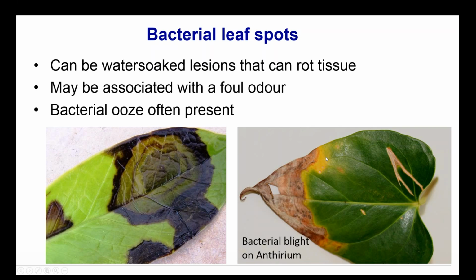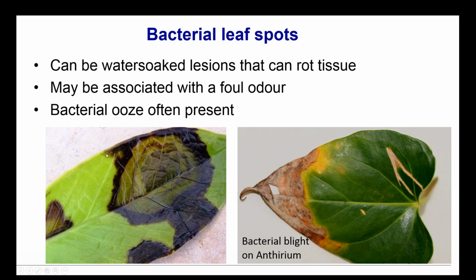You could do some research online and find that Anthurium does have a bacterial pathogen which causes these sorts of symptoms, and in fact that's what it was. Another example of a soft rot sort of symptom, a water-soaked lesion on this leaf here.